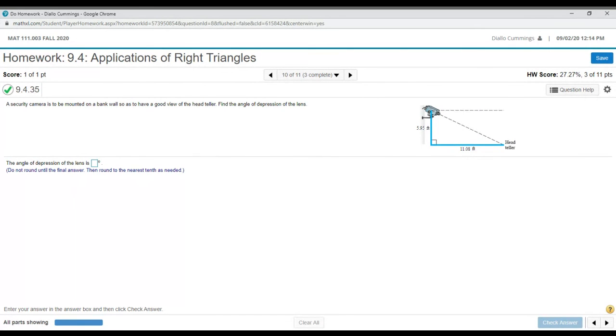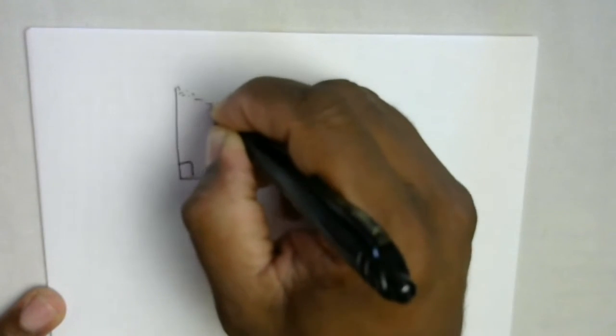I'm going to reconstruct this on another and go back to the document camera. Okay, and we're going to find that angle of depression. All right, so this is dashed.